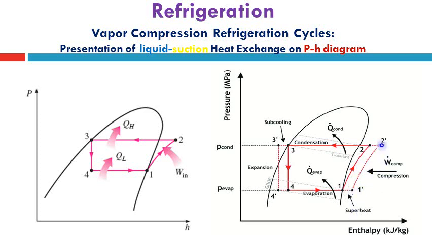So the projected area from point 2 dash to 1 dash is larger than the projected area from point 2 to point 1. So the work of the compressor will increase slightly due to this superheat, which is a must when we perform this subcooling between the suction line here and the liquid line here.